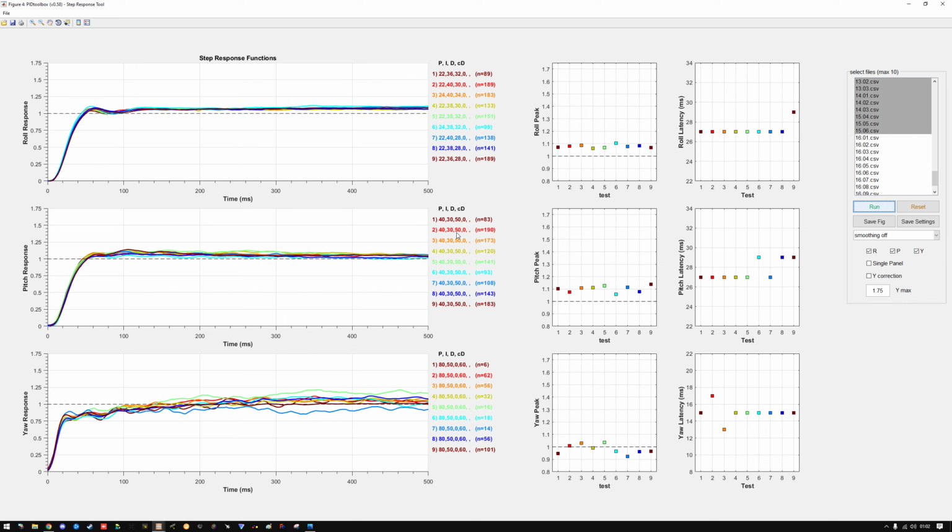You might also consider a greater I in the pitch axis, but because the pitch axis was already good enough, I didn't want to touch it, and I might try a different I in the field, because obviously field performance versus basement tuning performance will differ. But this is something that can be done in the field, and varying one parameter in the field versus varying 4 parameters in the field is a bit easier, right?